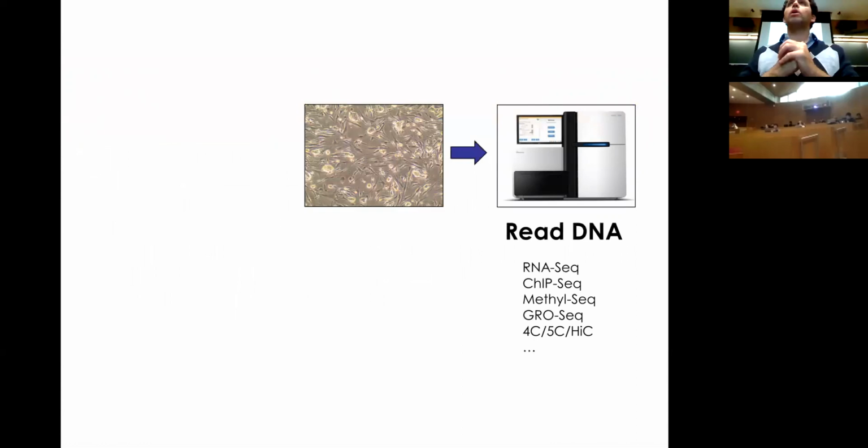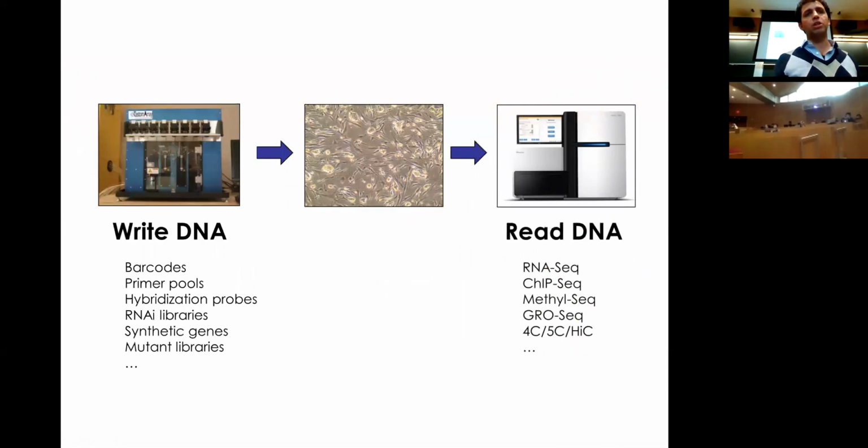So we focused a lot of the class on reading DNA. How do we basically understand DNA? We looked at technologies such as RNA sequencing, ChIP sequencing, DNA methylation profiling, Hi-C, and folding of chromatin in three dimensions. Something that we have not focused on is how do we write DNA?